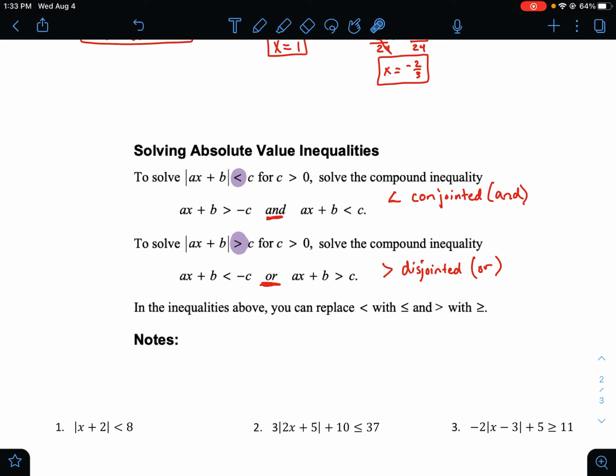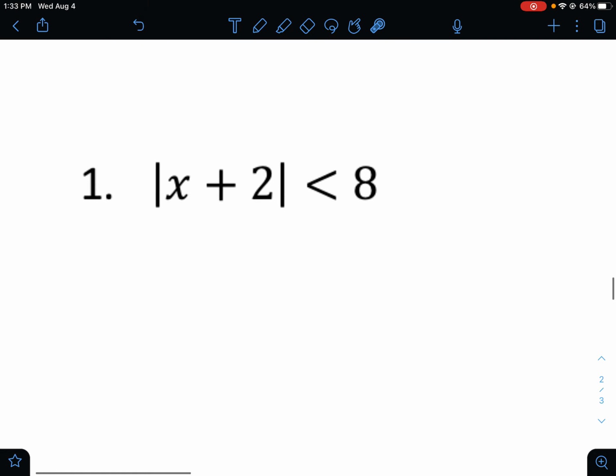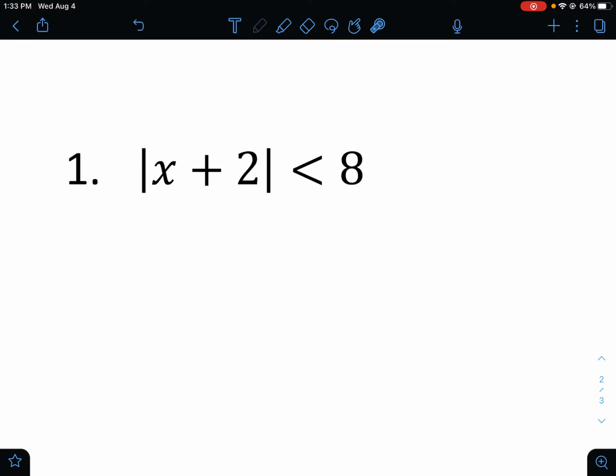Notice how the inequality sign flips for each one of these. So you're always going to have opposite inequality signs. Even down here, when you have greater than C, the less than negative C, the inequality flips.